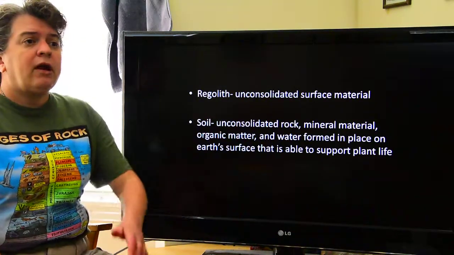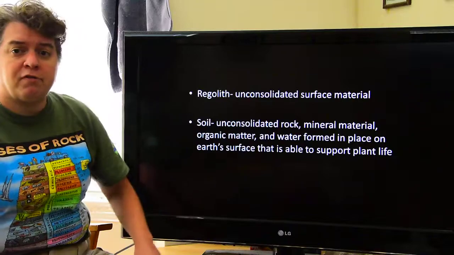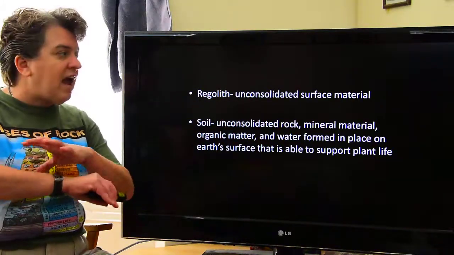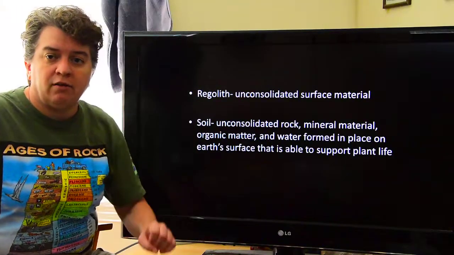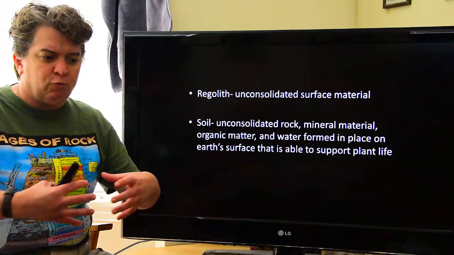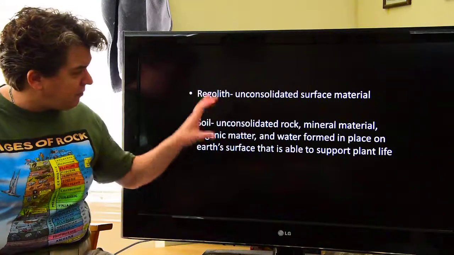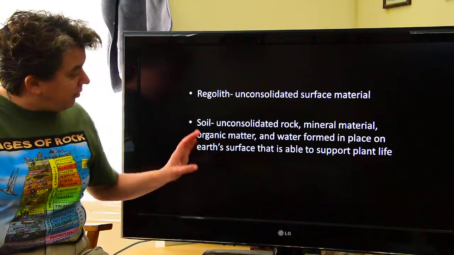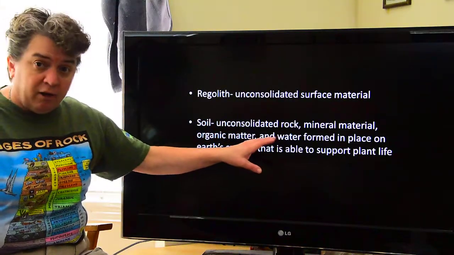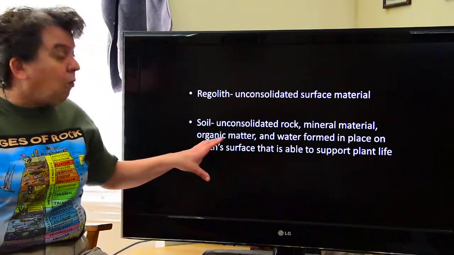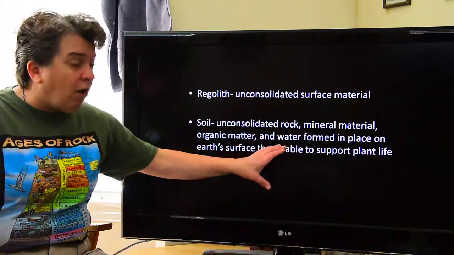Now, when we look at materials covering Earth's surface, you might have what's called regolith. Regolith is any unconsolidated surface material, so any broken up bits and pieces of weathered rock sitting on the surface counts as regolith. Soil is a little bit different. Soil is this unconsolidated material, broken up minerals, organic matter, and water.